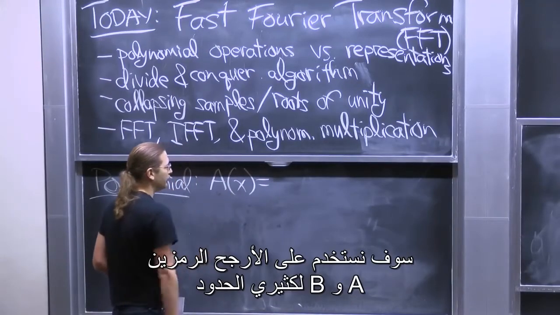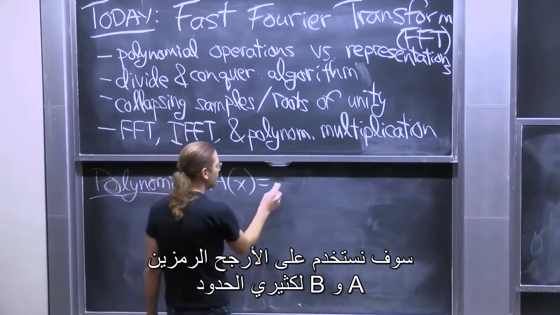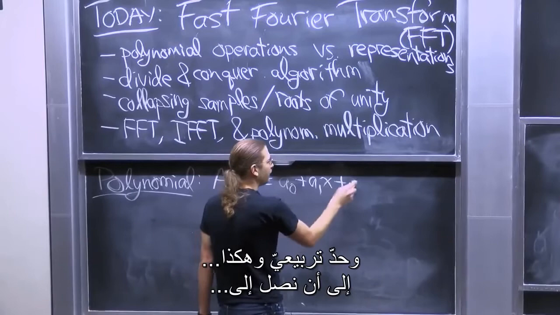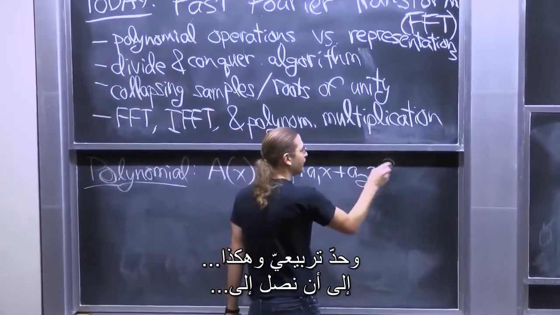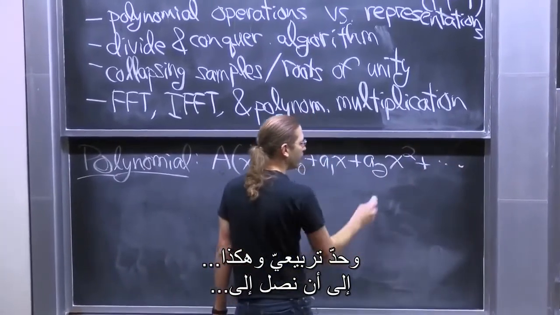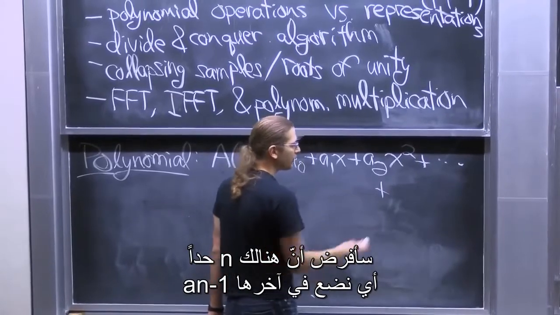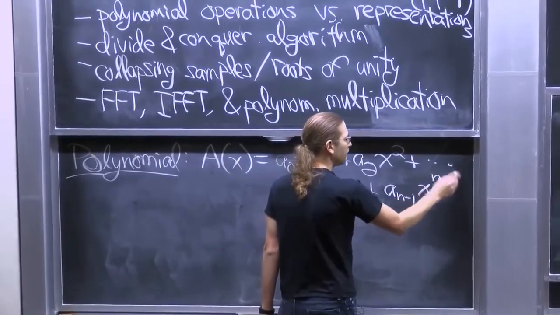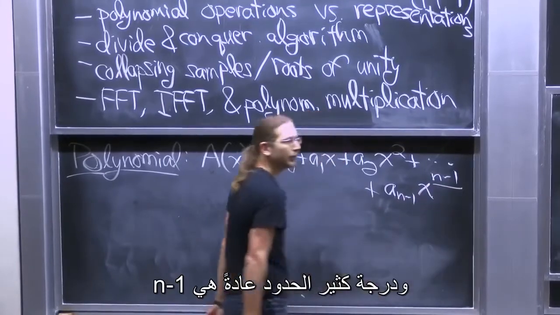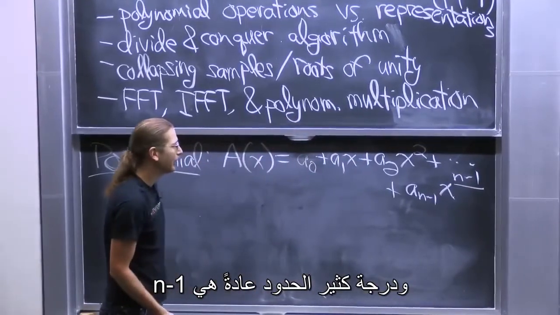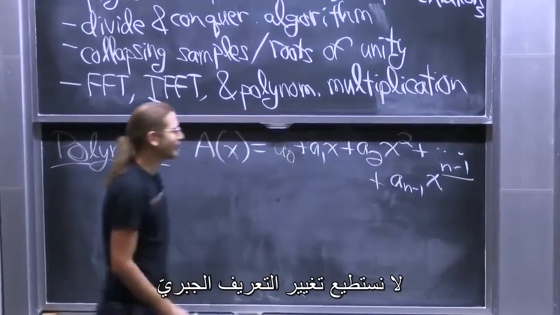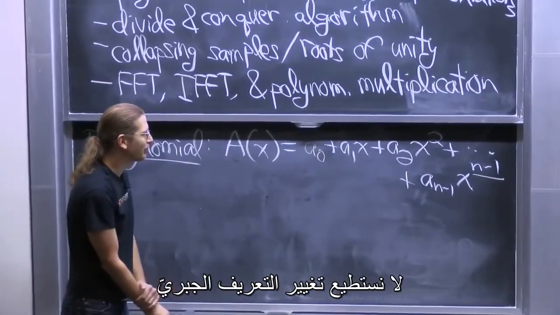So I'll talk about polynomials mostly A and B. You have a constant term, and then a linear term, and a quadratic term, and so on, up to, I will say that there are n terms, which means the last one is a n minus 1. So normally the degree of the polynomial here is n minus 1. I wish that degree was defined to be n here, but whatever. I can't change the definitions in algebra.